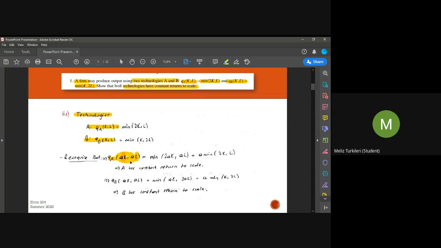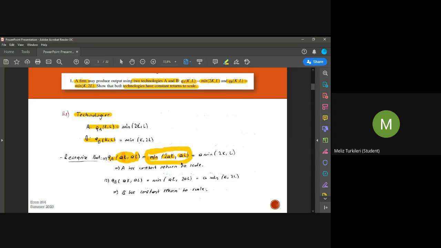Okay, we increase our input, and then the output will be the minimization of 2aK and aL. I use this function, I just plug aK for the capital part and aL for the labor part, and I get this representation.